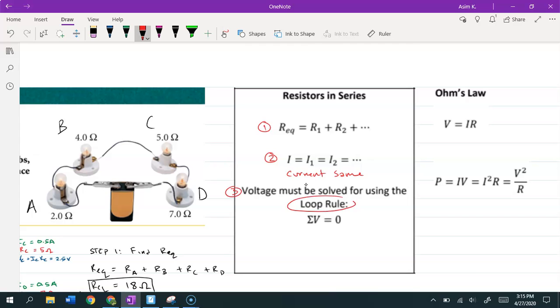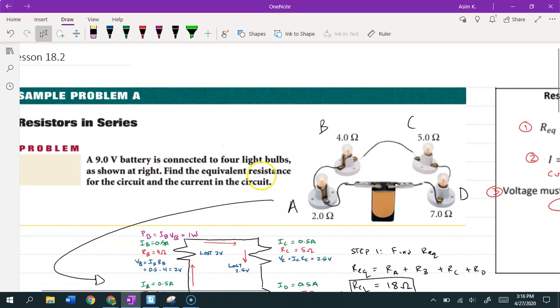That loop rule basically says that all of that potential difference is going to come down to a 0, all right? Now, this rule is not that relevant right now, and it will become relevant in 11.3. I'm going to leave this rule here, though. In 11.3, when you have a combination, then you're going to need to know that rule. So for now, rule number 3 is not very relevant. Rules 1 and 2 were sufficient to get the job done for us.